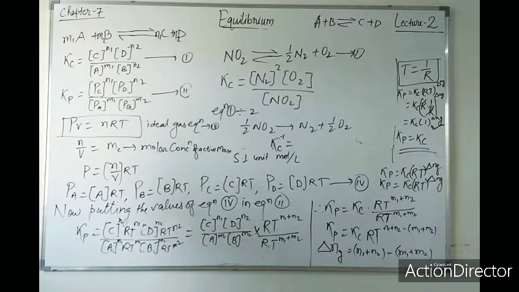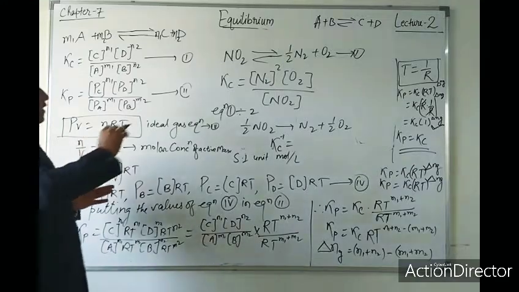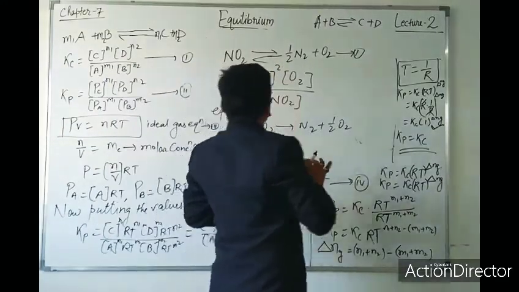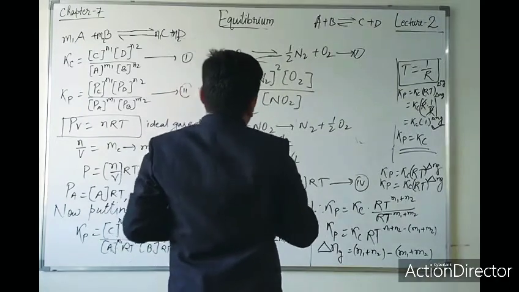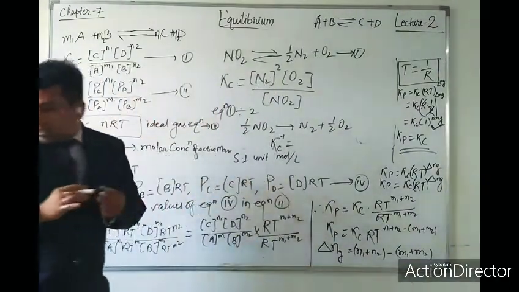If you are dividing a reaction by 2, then what will happen? Okay, not an issue. Just suppose that this was your reaction, okay? Now you are dividing this, or you can just take a reverse reaction.